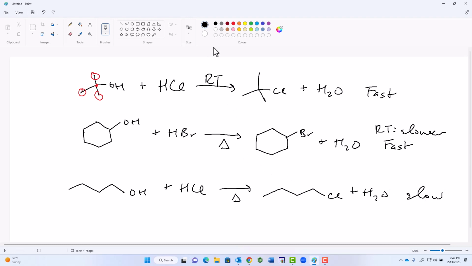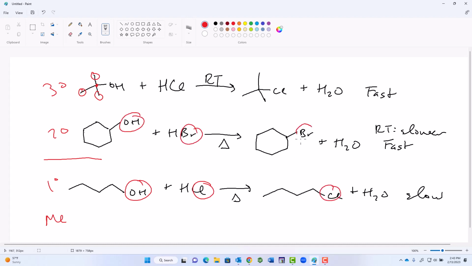So the tertiary and secondary alcohols go very fast, and the primary is slower, and a methyl alcohol would go so slow that we wouldn't even see this reaction. So this is a good way to substitute an OH for Cl. We see the substitution here. We substitute an OH for a Br, we see the substitution here. We substitute an OH for a Cl, and we see the substitution here.